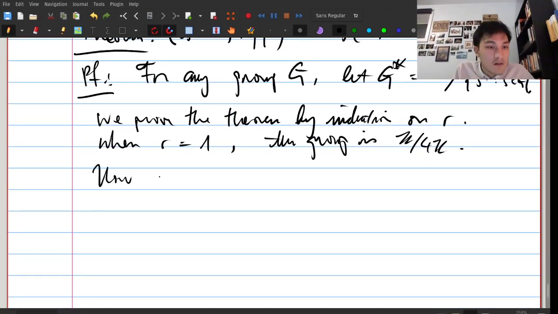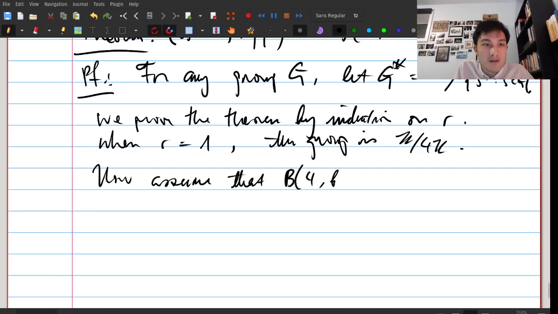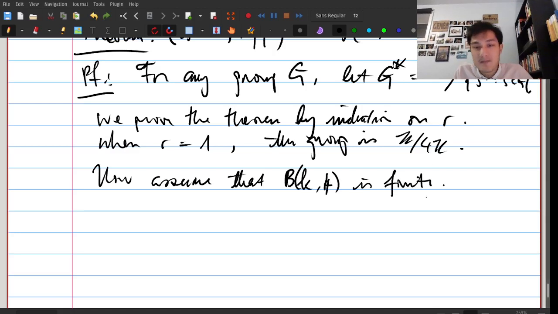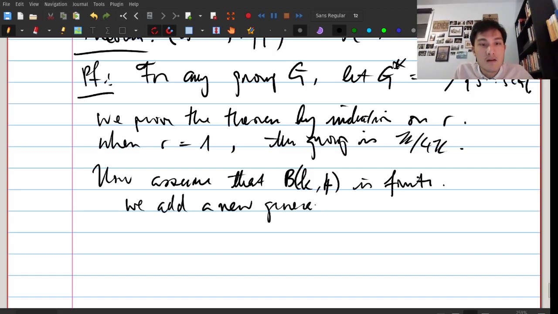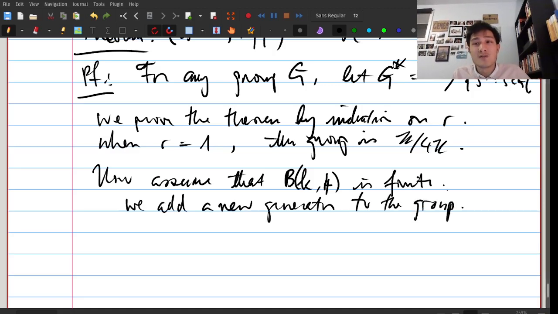Now, assume that BK4 is finite, by the induction hypothesis. We want to add a new generator to the group. Now, we really want to add a new generator whose square is in BK4, but we don't know that, right?